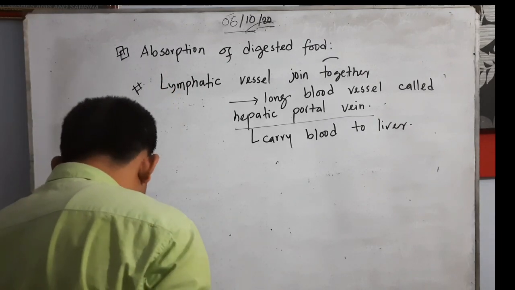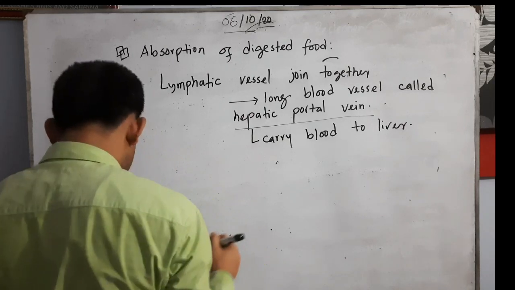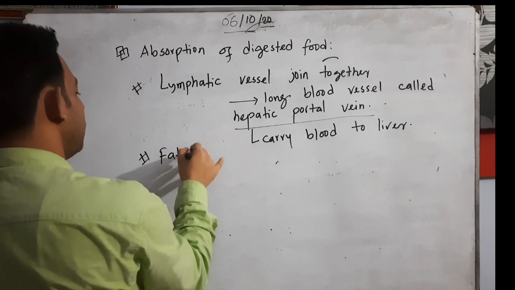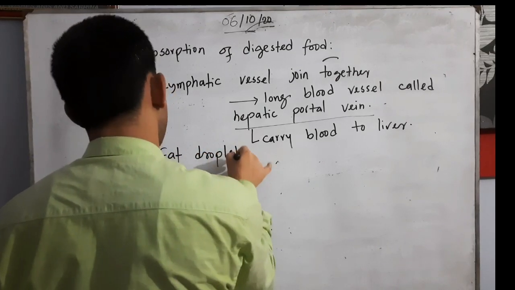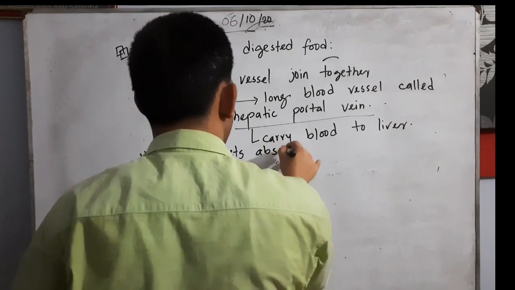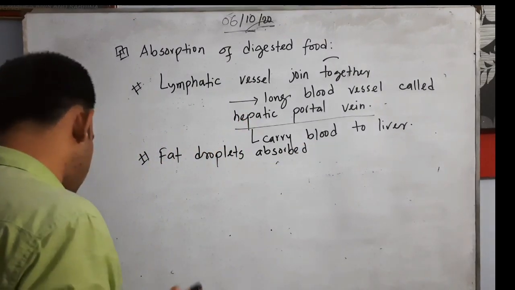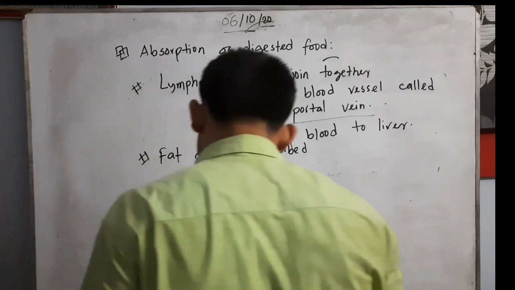Then fat droplets are absorbed in the lacteal of the villi. Fat droplets that break down are absorbed. Where are they absorbed? Into the lacteal of the villi.